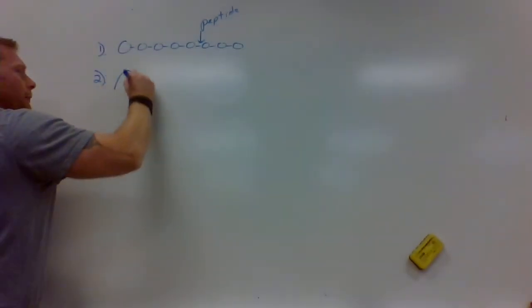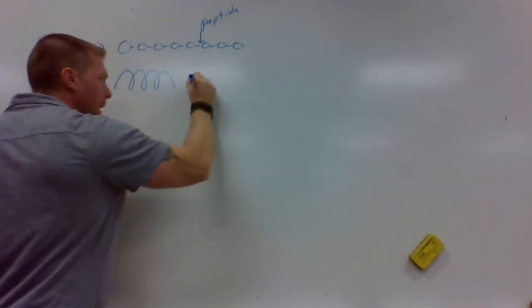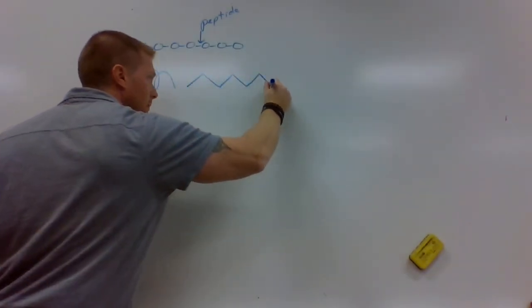Now these amino acids begin to interact with each other. And depending upon their sequence, they're going to start to form hydrogen bonds. And these hydrogen bonds can cause alpha helixes to form. It could form beta pleated sheets, right?